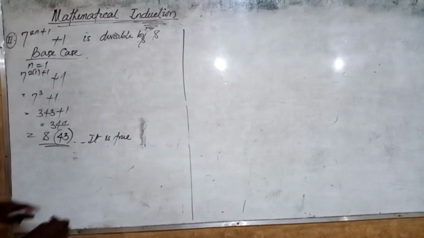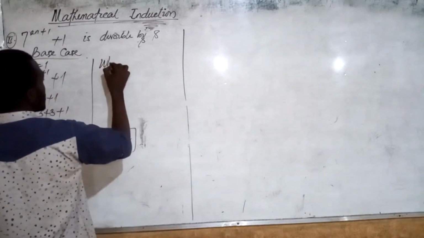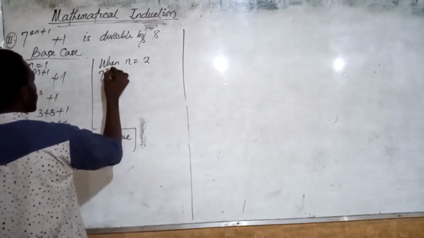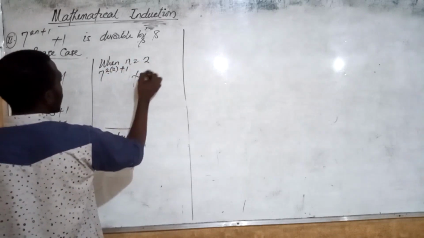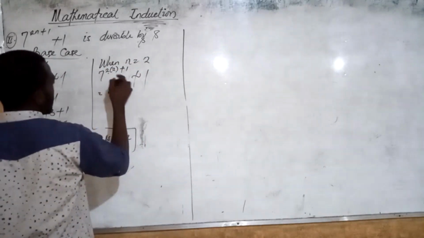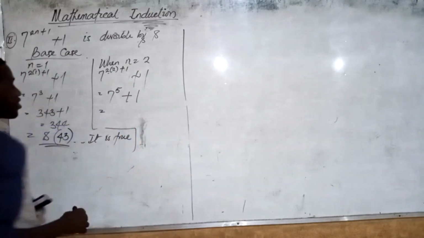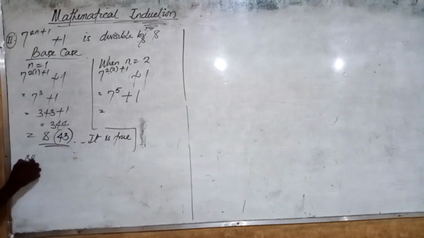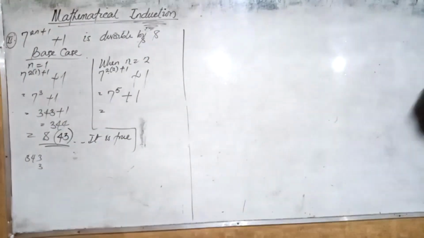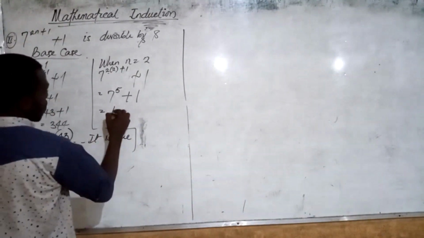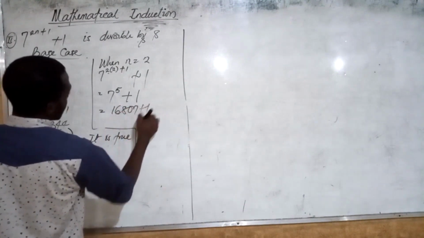We can go further to test for when n equals 2. When n equals 2, we're going to have 7 raised to the power 2 times 2 plus 1, all plus 1. So we have 7 raised to the power 4 plus 1, which is 5, plus 1. So 7 to the power of 5 is 16807, plus 1.